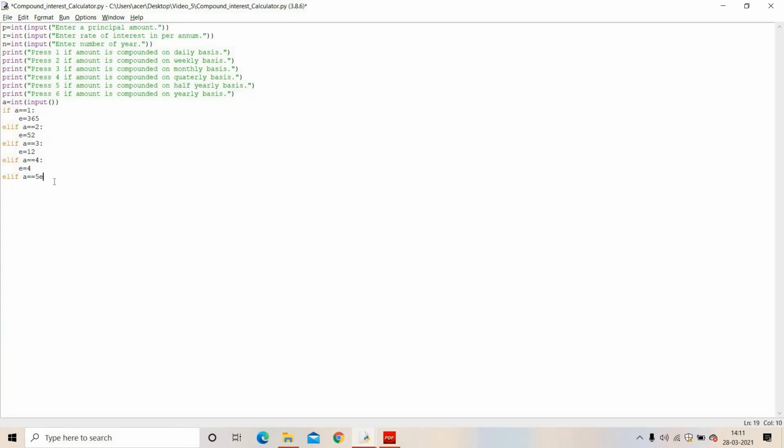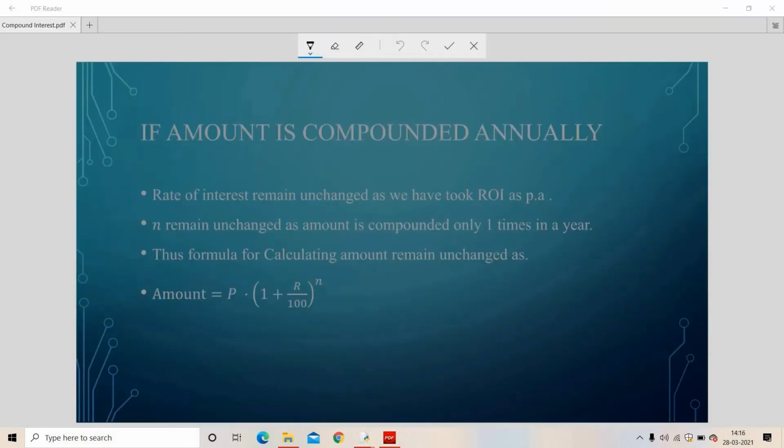There are 2 half years in a year, so E will be 2. If user press 6, then we have to compute on yearly basis, and we have seen that for yearly basis we have to multiply n by 1 and divide r by 1, so E is equal to 1.